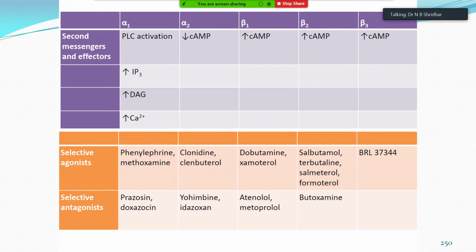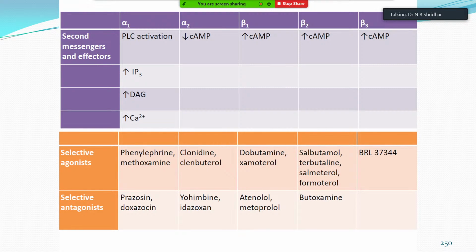whereas atenolol and metoprolol are both beta 1 specific adrenergic antagonists, whereas the beta 2 adrenergic agonists are salbutamol, terbutaline, salmeterol, and formoterol, because beta 2 is very specifically present on the windpipe or trachea.